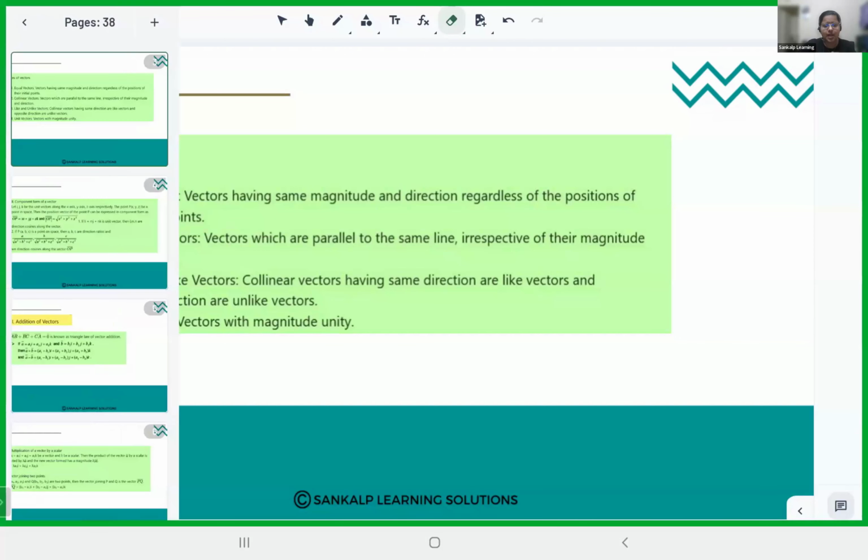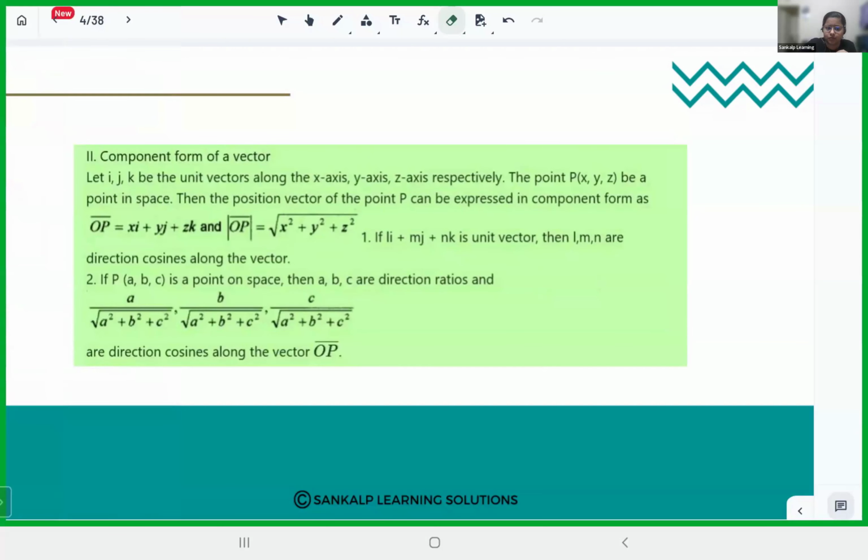This is how you find out the magnitude of a vector. Consider the vector OP. The magnitude of vector OP is equal to root of x square plus y square plus z square. What are x, y and z?